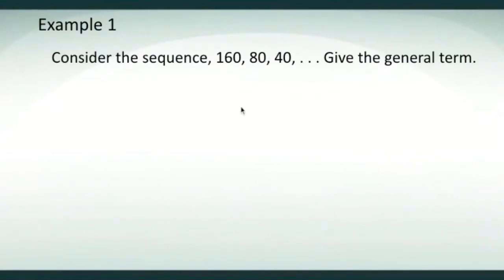Consider the sequence 160, 80, 40. Give the general term of the sequence. Now, what are we going to do first? Find the common ratio. That's the first thing that we're going to need. Why? Because in our general rule, we need to identify first the a sub 1, which is our first term, and our r.